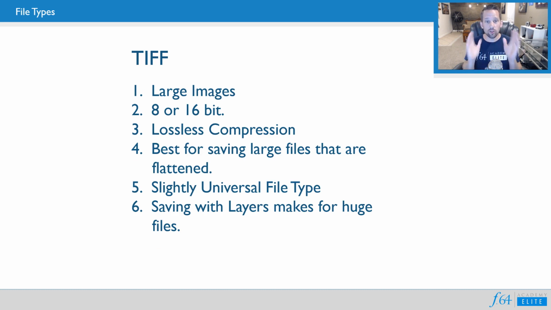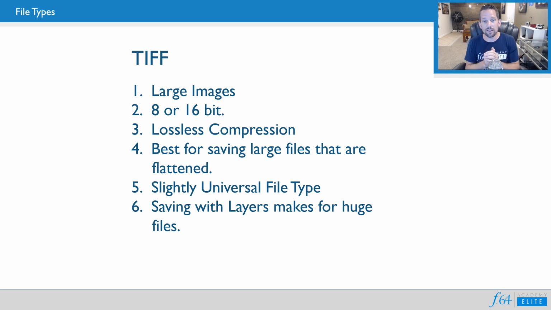TIFFs. TIFFs are large images. They can be 8 or 16-bit. They can even be 32-bit. If you're doing a 32-bit HDR process, you'll see a 32-bit TIFF. It's a lossless compression, meaning it holds a ton of data in it, but that's why it's a large file. It's best for saving large files that are flattened, I would consider. That means they have no layers in them, because if they have layers in them, that TIFF file is going to be huge.